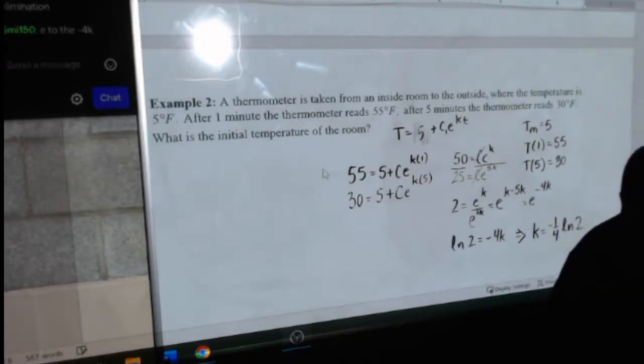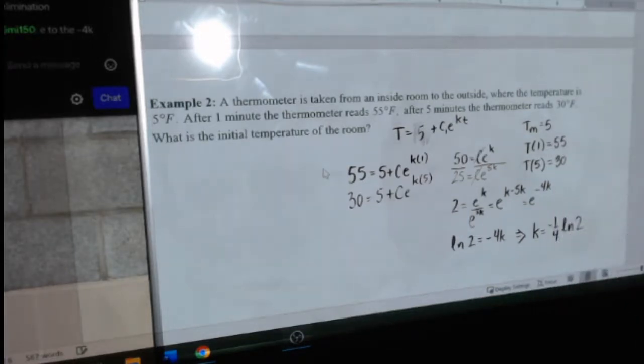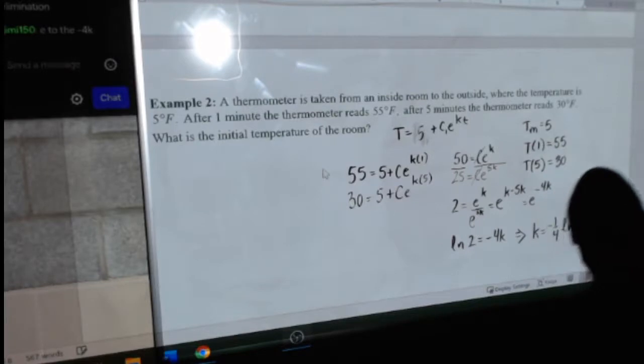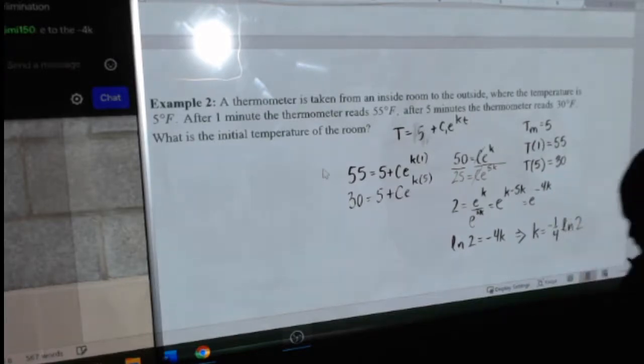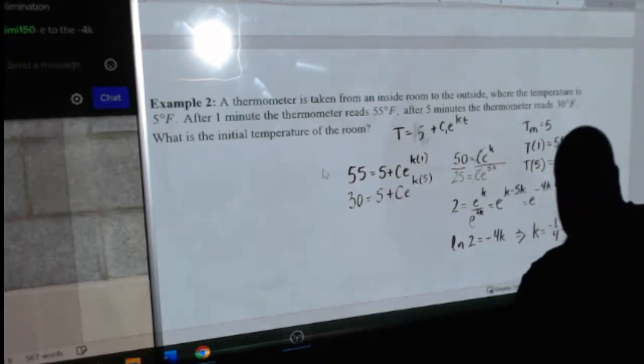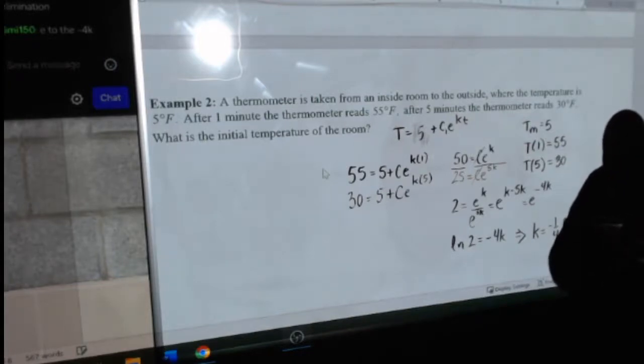So again, let's get an approximation for that. To 4 decimal places, I got negative 0.1733.